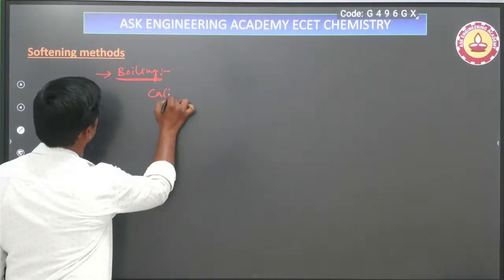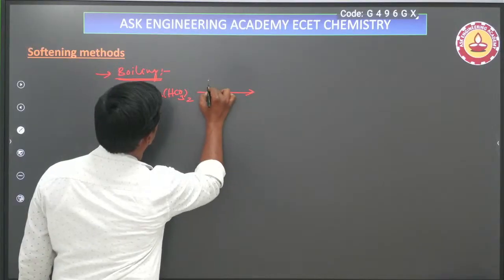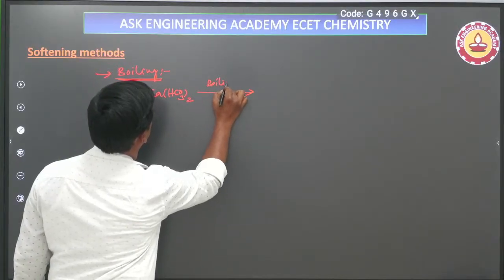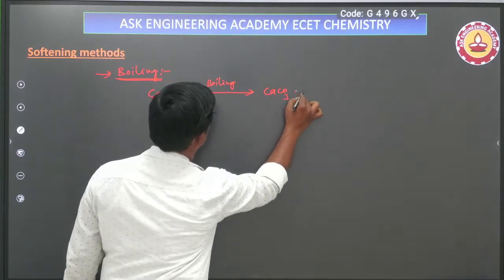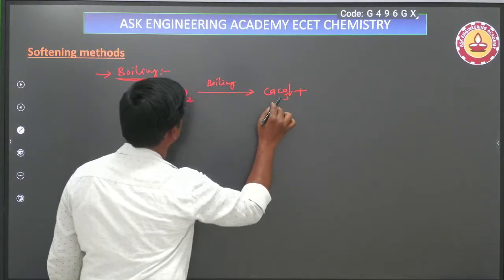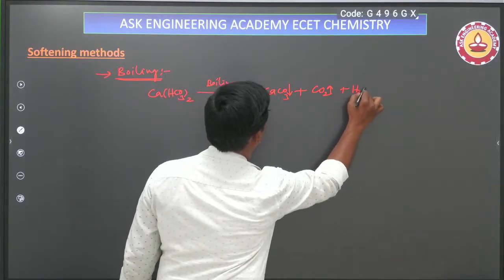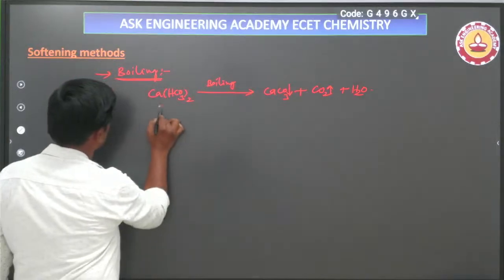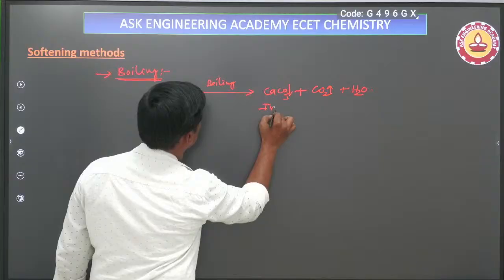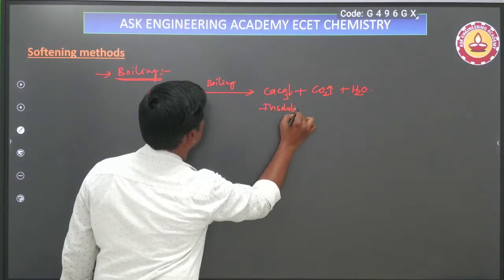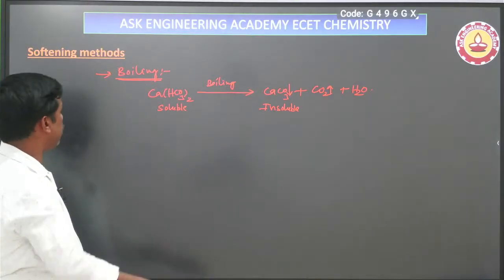Whenever calcium bicarbonate is dissolved in hot water and boiled, it converts into calcium carbonate precipitate, CO2 gas and H2O. Before boiling it is in soluble form, after boiling it is in insoluble state. Boiling is the simplest method.